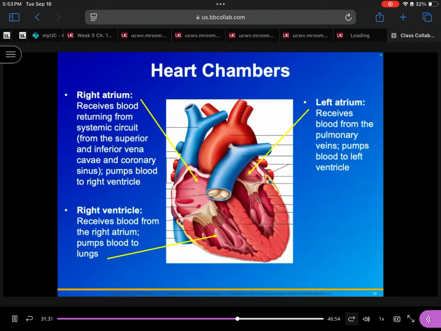At the posterior side, you can see a lot more of the left. So these vessels are both going into the left atrium from the back. Does that make sense? All right, so then we take the blood from the left atrium through the bicuspid valve, the mitral valve, or the left atrioventricular valve, or left AV valve, into the left ventricle.